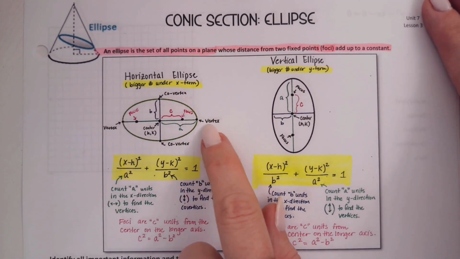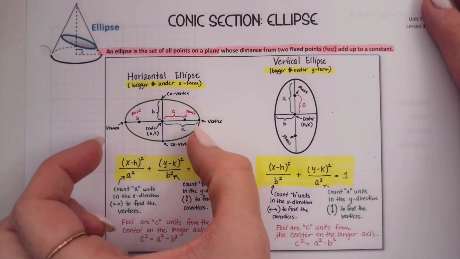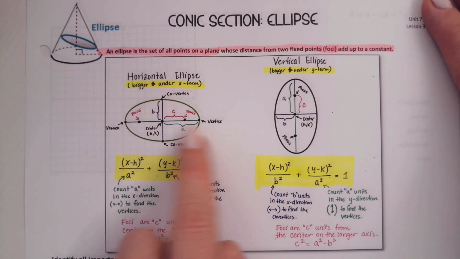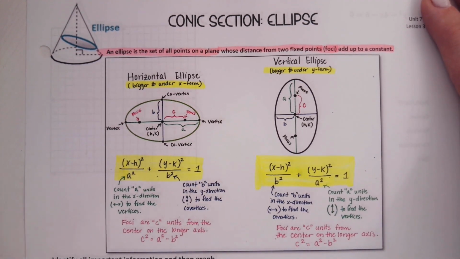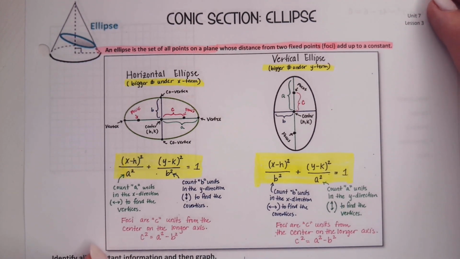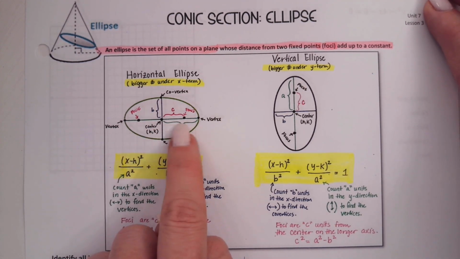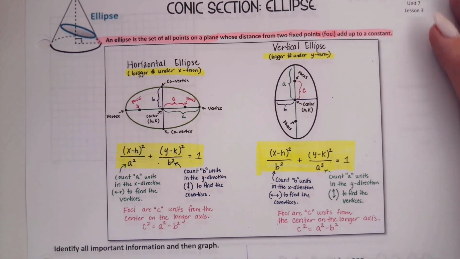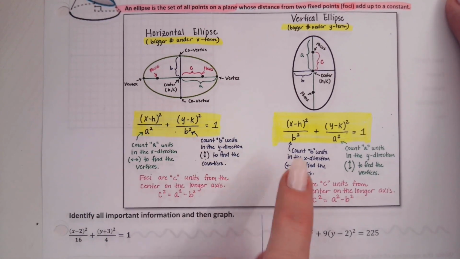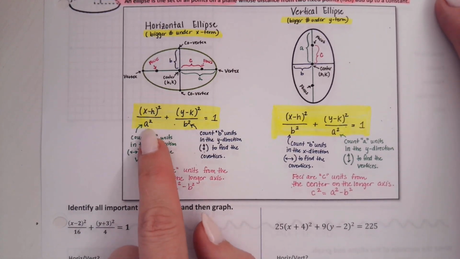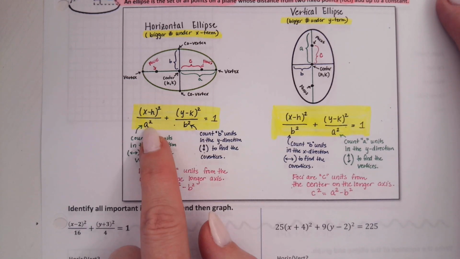Next, to find where on an ellipse there are vertices, which is the plural of vertex, and there are also co-vertices, which are basically the ends of the shorter axis. And then we also have the center and our two foci. How I do that is I start by plotting my center, and then underneath the x term is a squared.